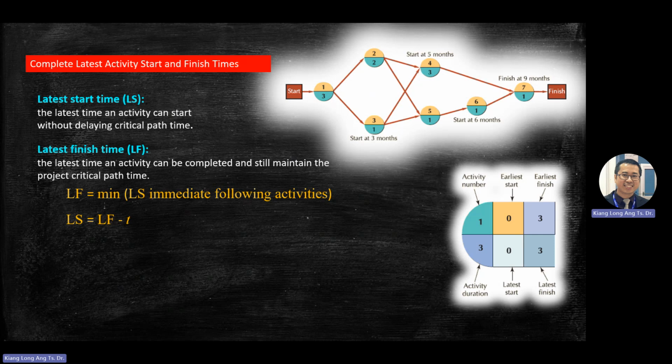Because it's backward pass, we minus the time. So how do you get this number? This one you copy from the previous one. Right? And this is the latest finish, meaning the maximum time that you need to spend for that project. Usually it is the critical path time. Or you just copy from the top, usually.